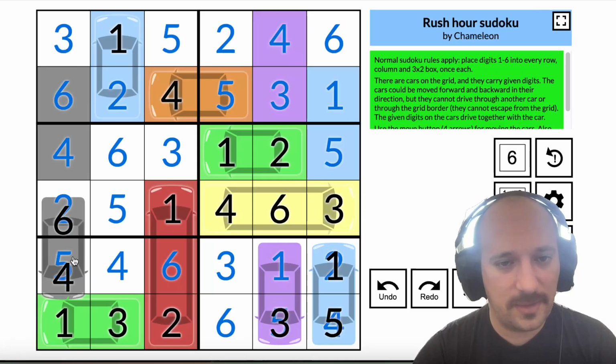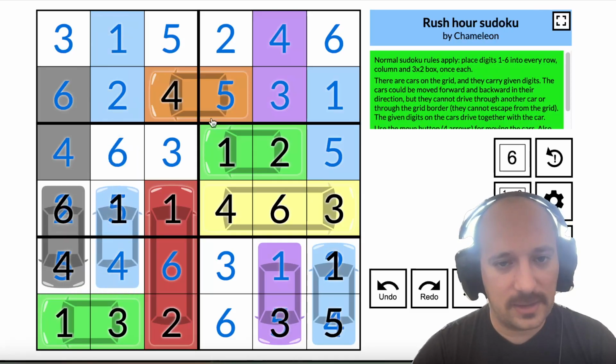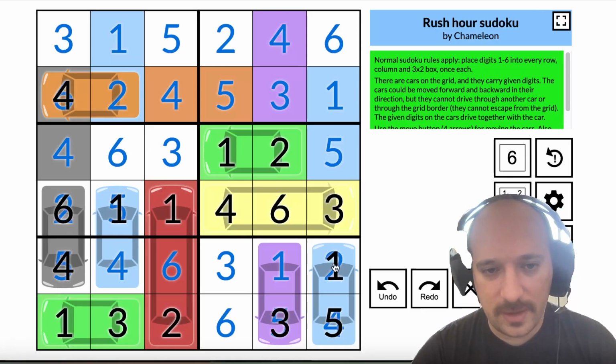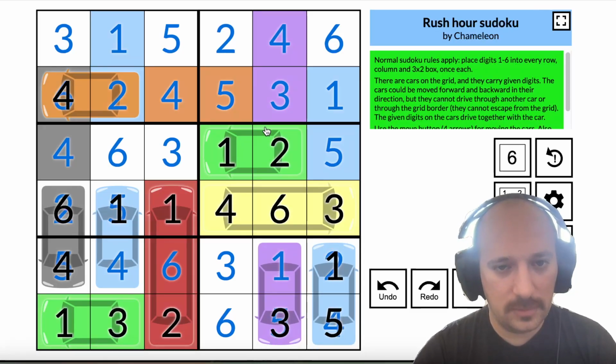But in this case, I think it's almost solved. So the only thing that we need to do is to move these 2 up somehow.